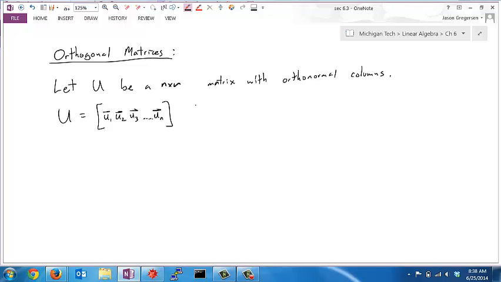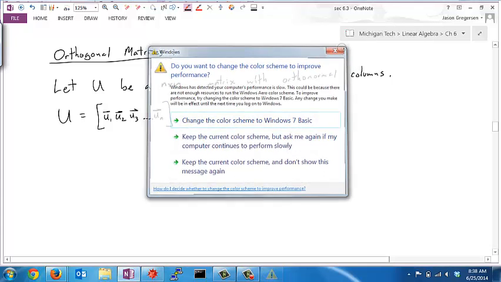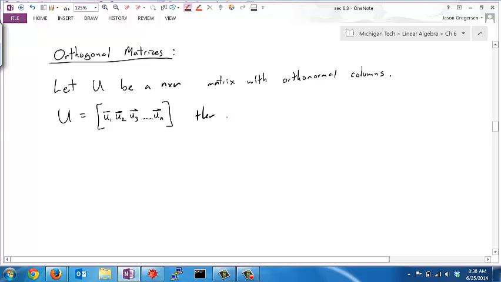So this is kind of a special matrix. This is one we might have constructed for specific reasons. So if this is U, then U transpose is what? Well, U transpose just takes rows and makes them columns. So I would have this is my row, and this is my row, and this is my row, dot, dot, dot, Un is my row.